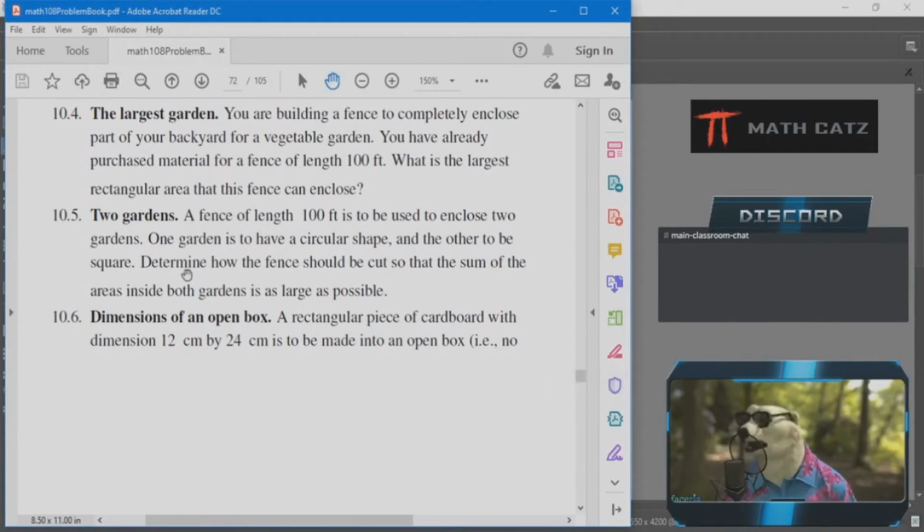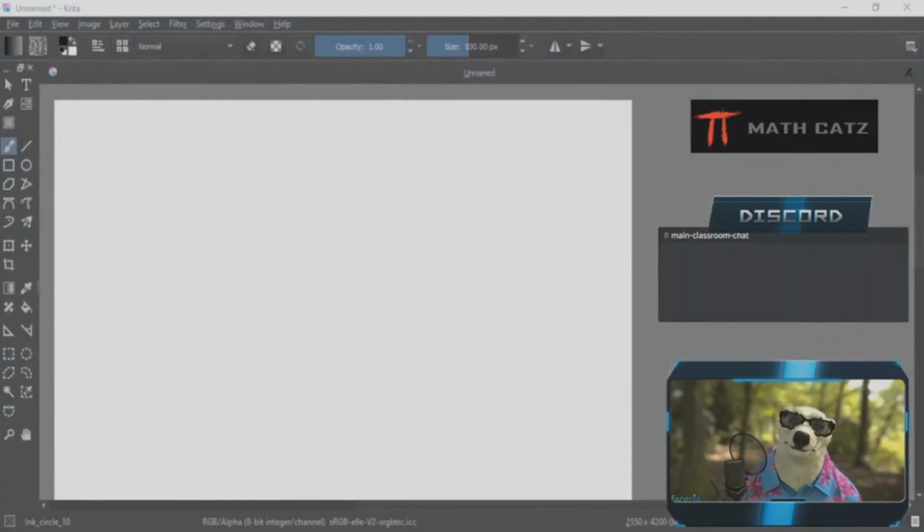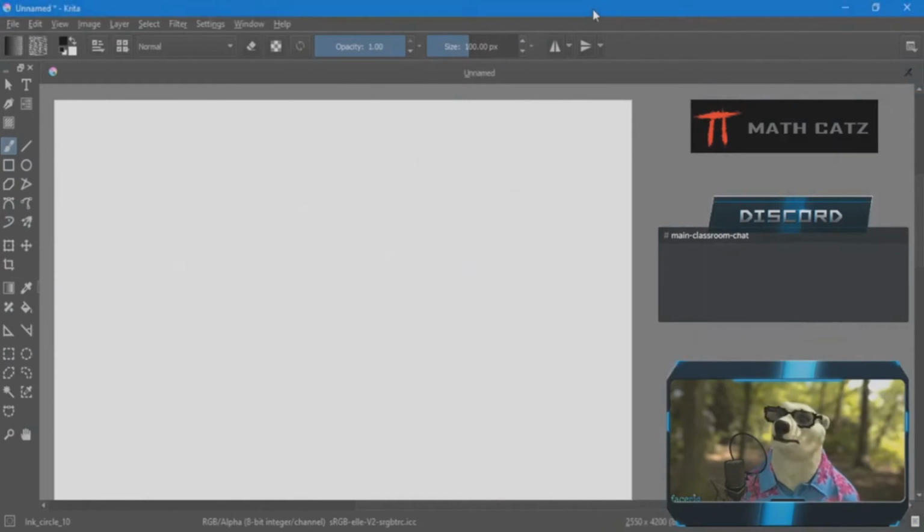Determine how the fence should be cut so that the sum of the areas inside both gardens, or just all together the sum, is as large as possible. So we have a very similar situation. But you'll see that in this one, some interesting things come up, making it definitely worth investigating.